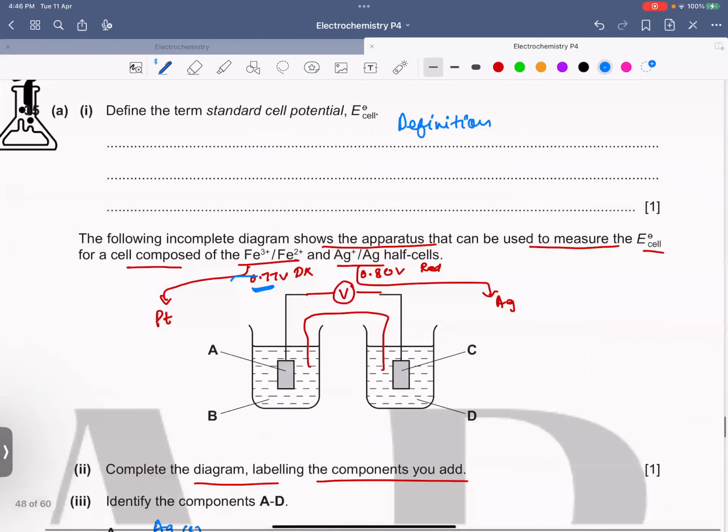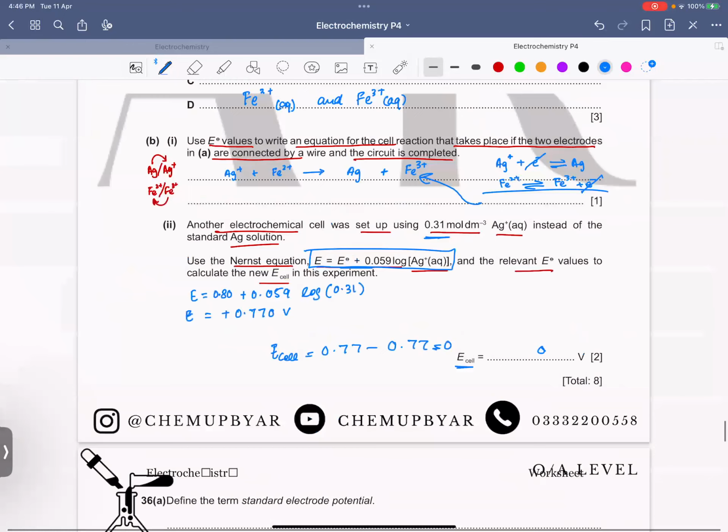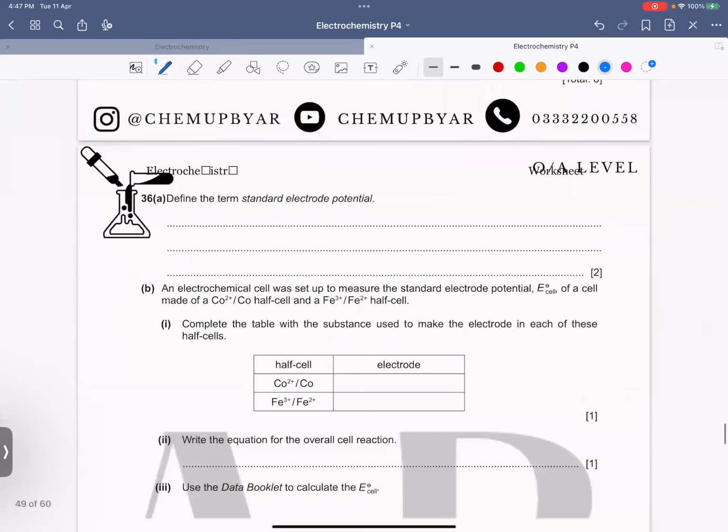So the new E cell would be 0.77 minus 0.77. So we got 0. Yeah. Is this clear to everyone else? If anyone has any doubt, kindly ask.